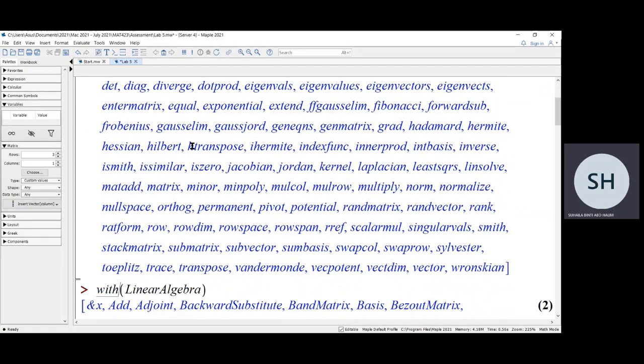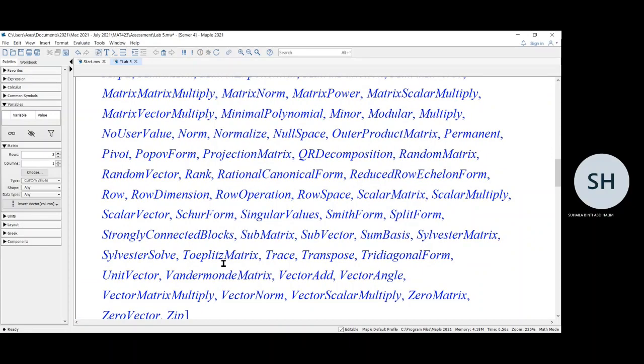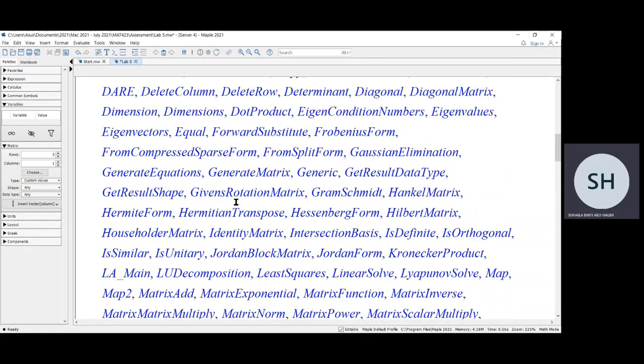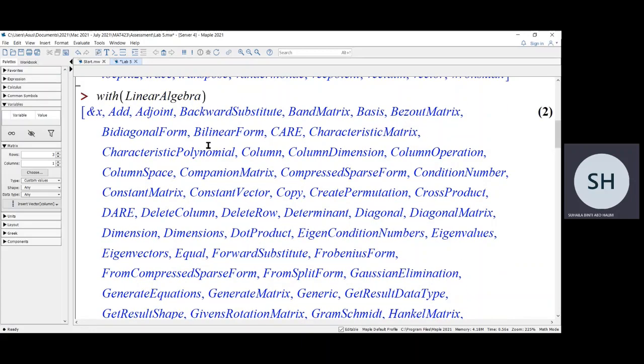And secondly, we call with(LinearAlgebra), and make sure that you type in L and A with capital letters. This is the list of built-in functions that we have in LinearAlgebra.